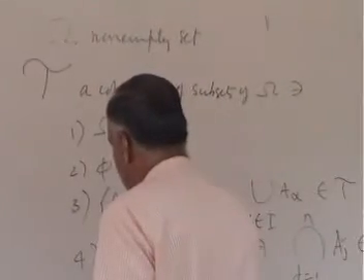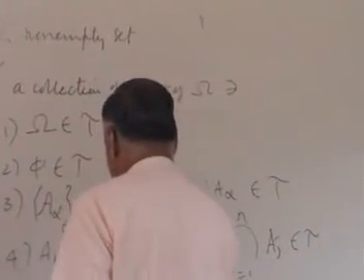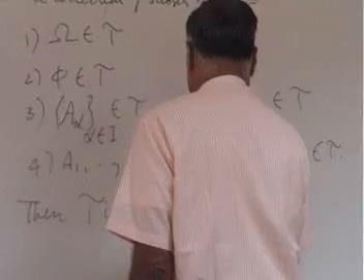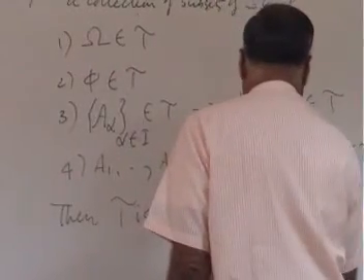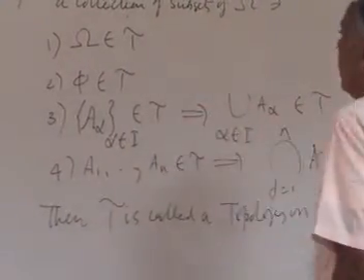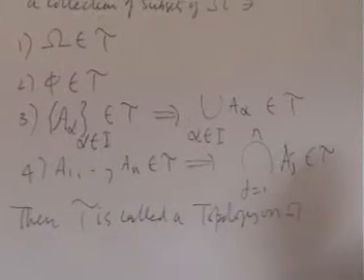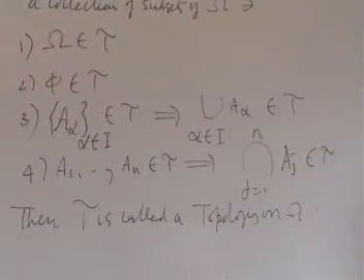Then tau is called a topology, and omega with tau is called a topological space.